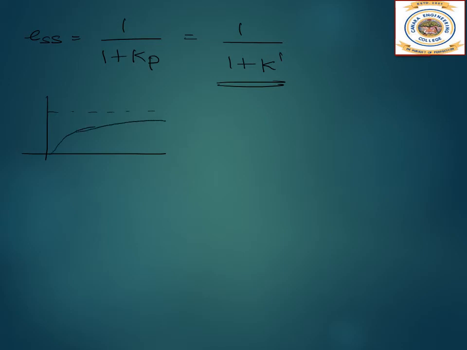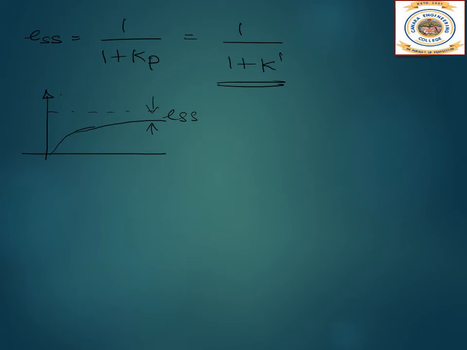ESS is given by 1 by 1 plus Kp, so I can write it as 1 by 1 plus K dash. So we get a finite steady state error for a step input. What is the meaning of that? If this is a step input, some finite steady state error is there.